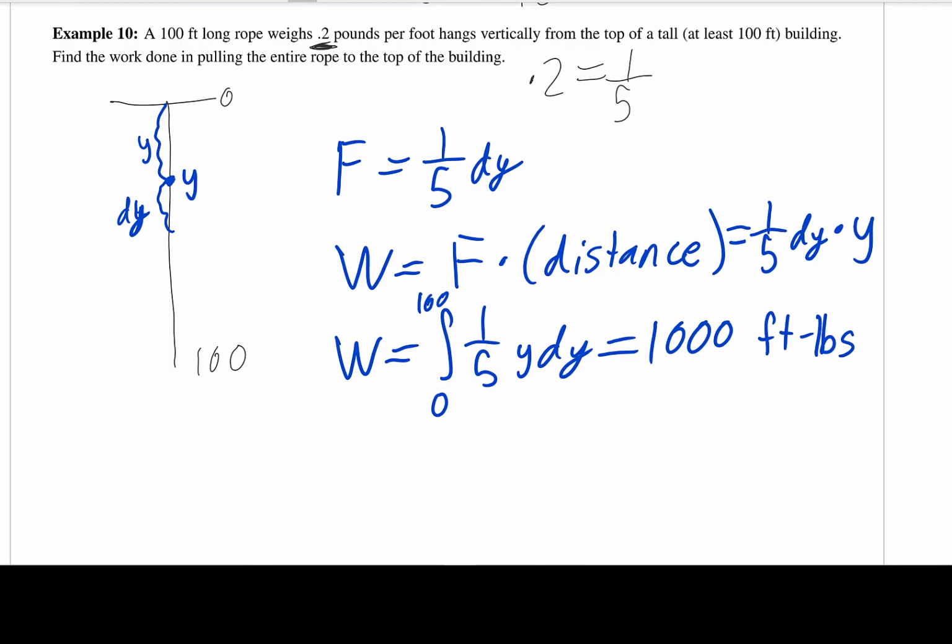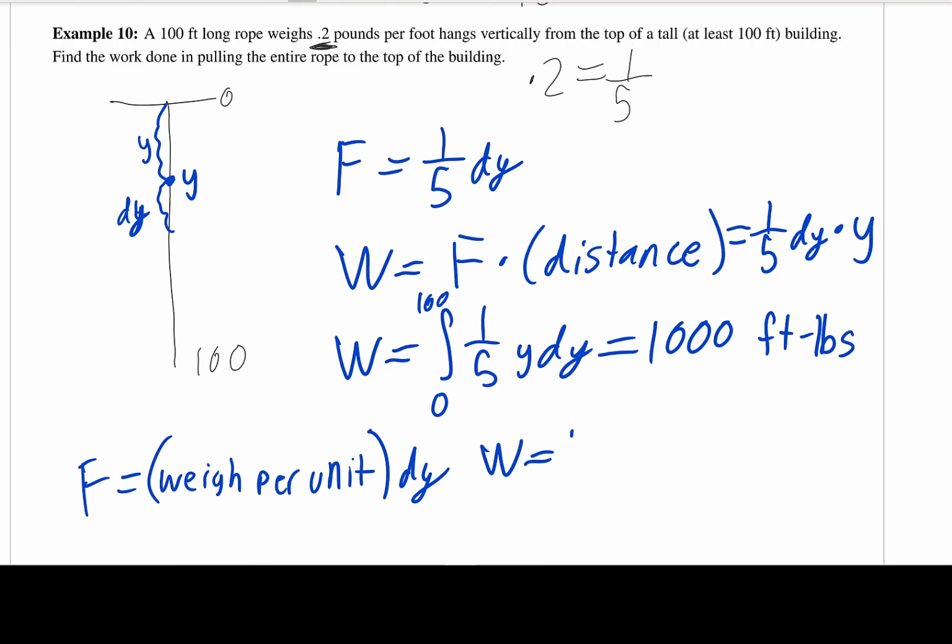Okay. Another way to think about this is that your force is going to be the weight per unit times dy, that's our variable of integration. And then work is going to be the force times y, right? The point at where we are at.